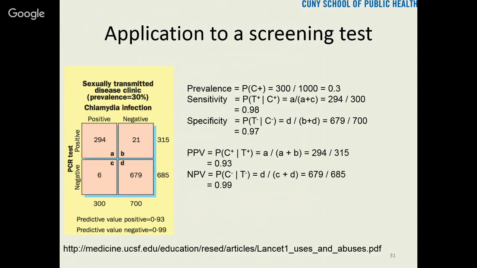So given the prevalence, a property of the population, and the sensitivity and specificity, properties of the test, we can apply these to a population with a given prevalence and calculate the PPV and the NPV.